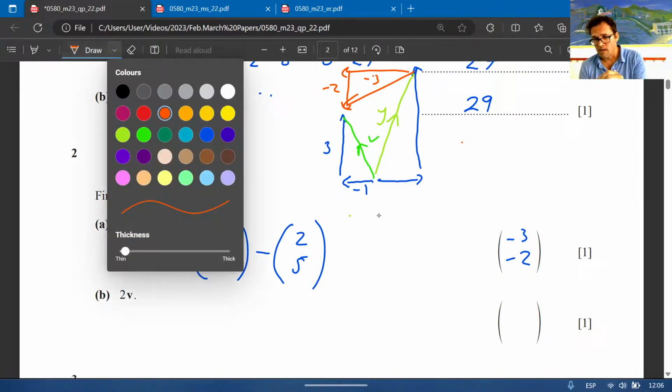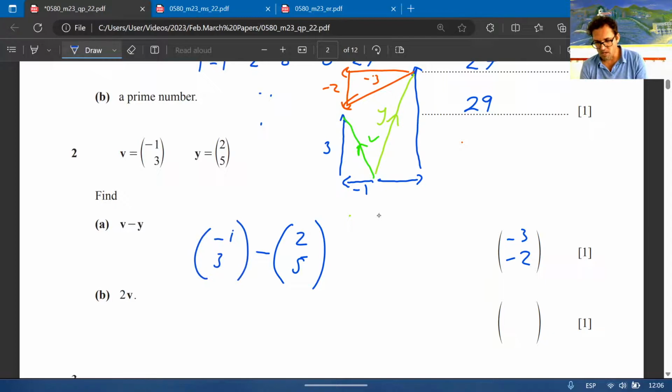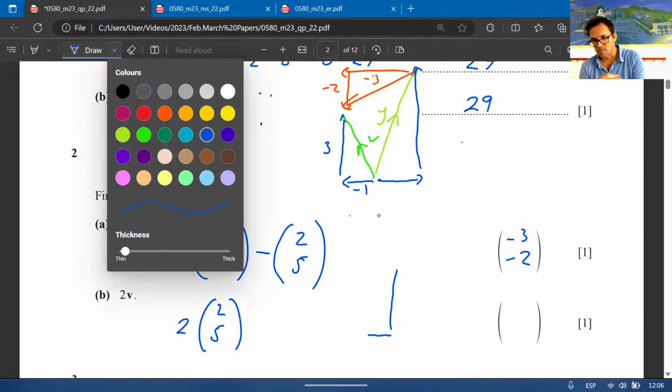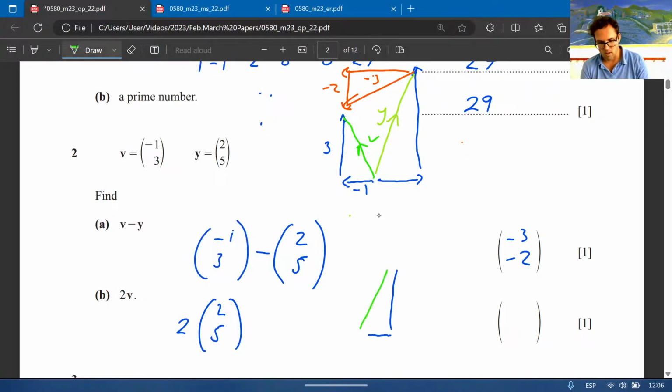Okay. Next one, 2V. The vector V being -1, 3 again. Yeah, you know, like you got the vector 2, 5, which means you got 2 spaces to the right, 5 spaces up. That will give you the vector Y. You see, I took the wrong one. I took Y again.